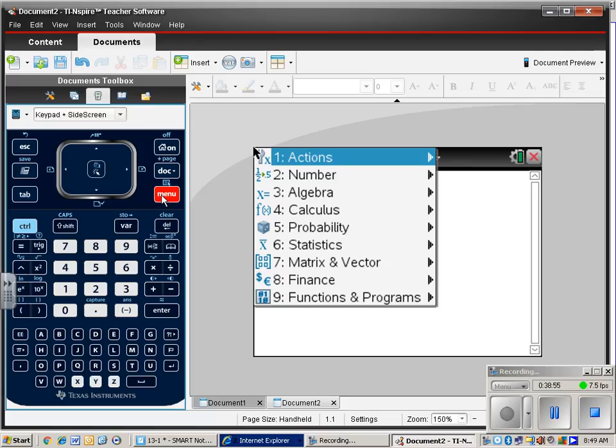Go to menu. My bad. Grabbed the wrong one. No, I think this one's done.